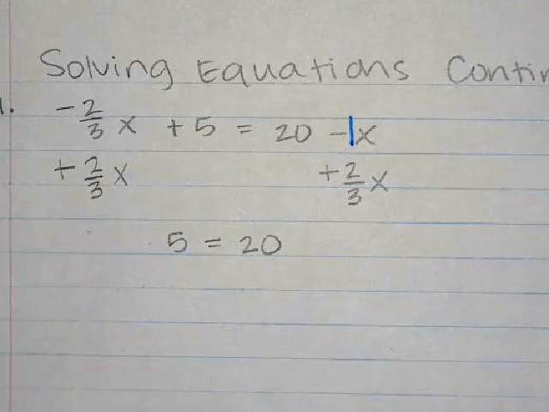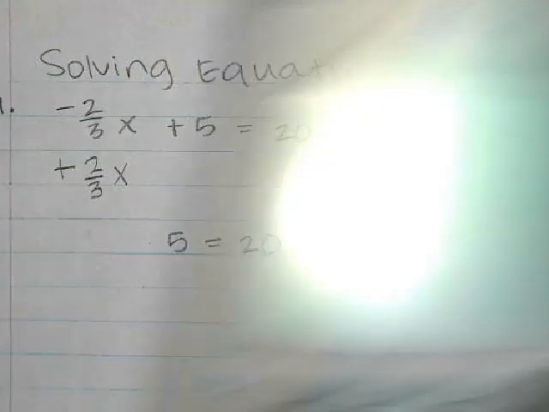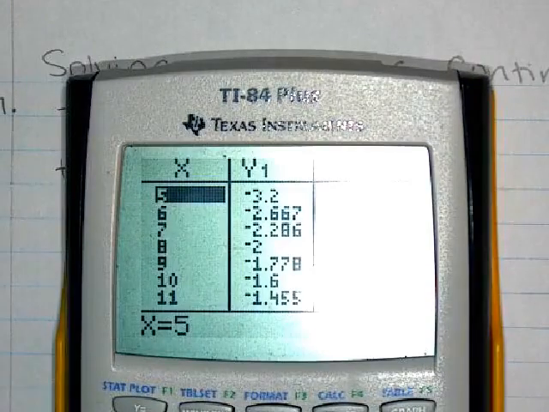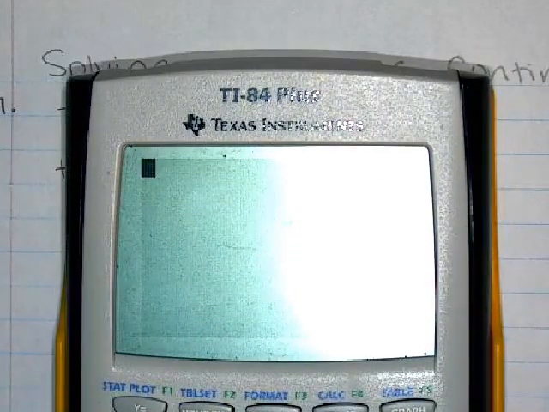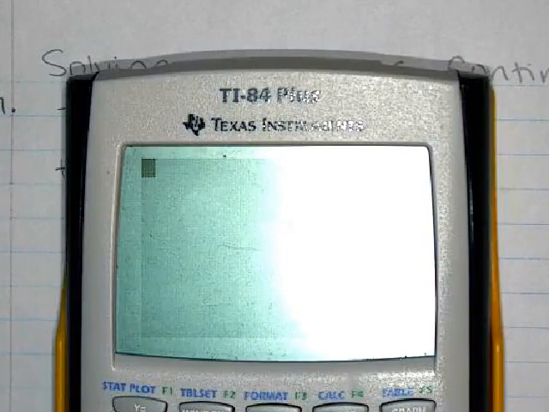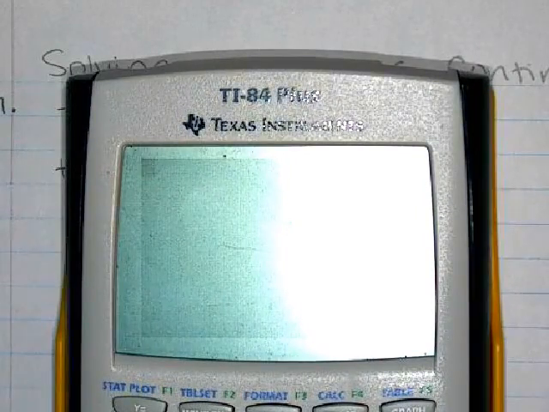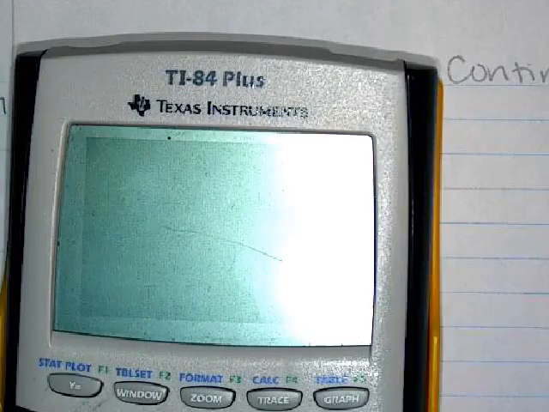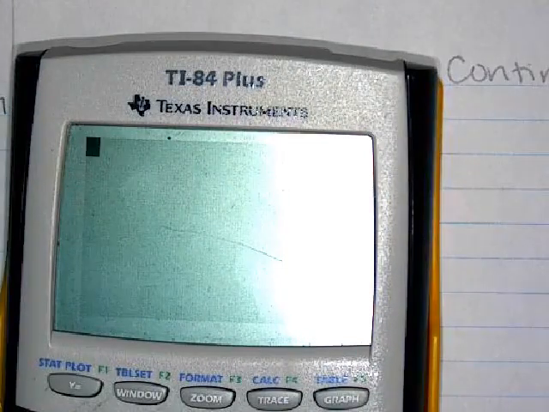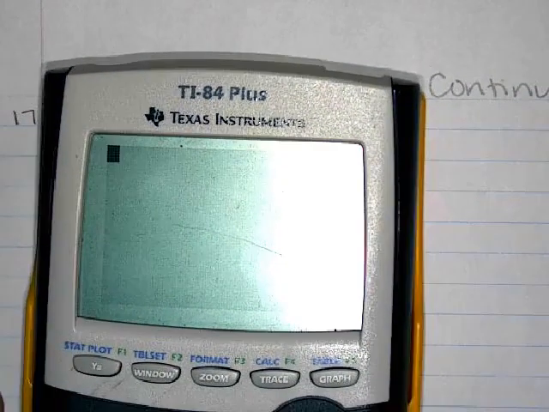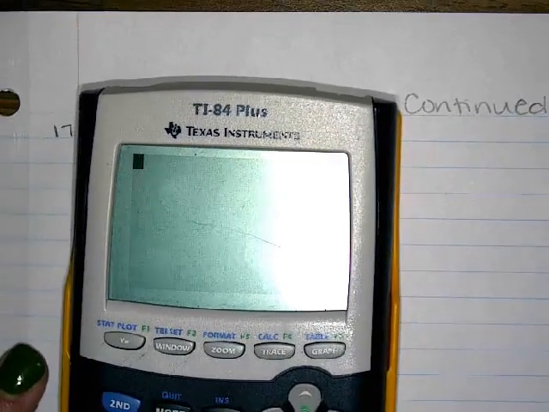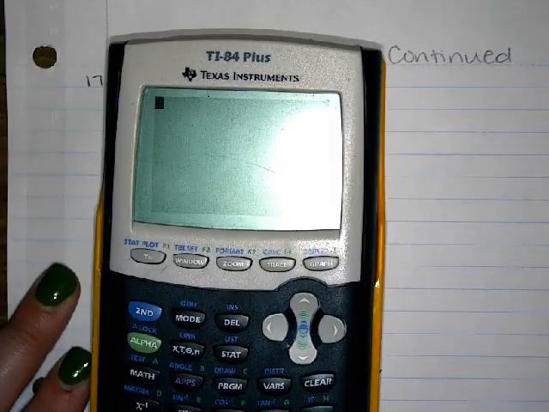And there's a couple different ways you can type that into your calculator, and your calculator can get the right answer no matter how you type it. So in your calculator, you can type it using the fraction function of your calculator, or you can type it using division. So if you type it as a fraction, the way we type a fraction in these calculators is we use the alpha button, which is the green button.